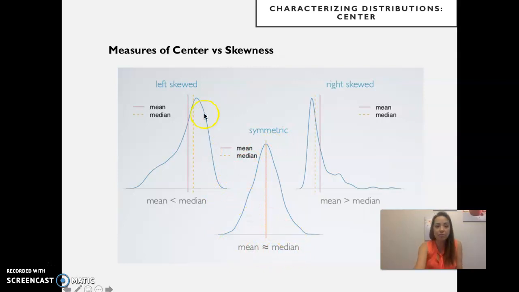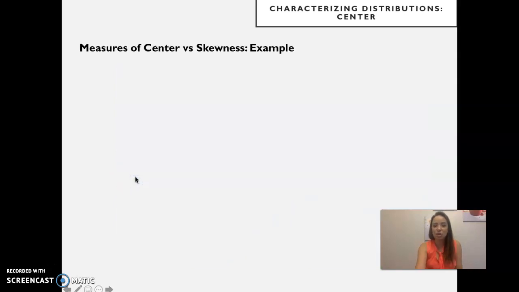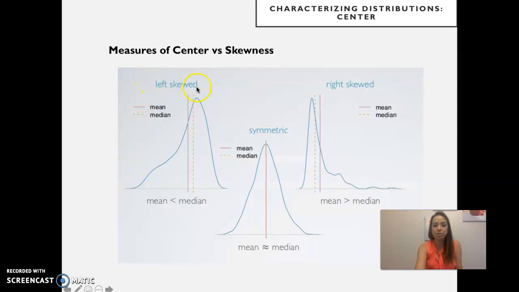However, if you have a left skewed distribution, the mean would be pulled or biased towards the extreme values. So, in the left skewed distribution, you would have a mean that is smaller than the median because it's biased towards smaller values. In the right skewed distribution, you would have a mean that's biased towards large values because that's where the tail and extreme values are. So you would have a mean that's greater than the median.